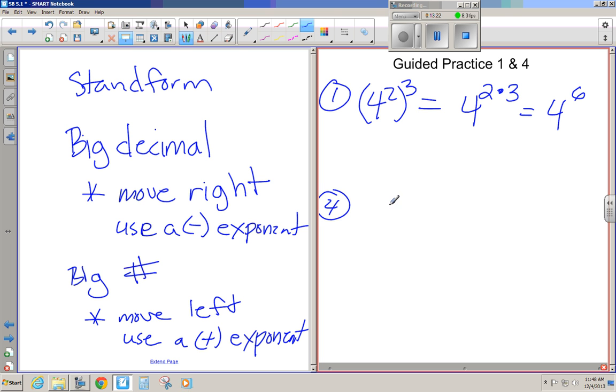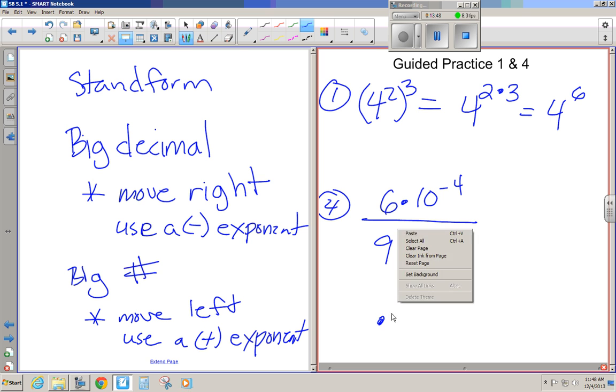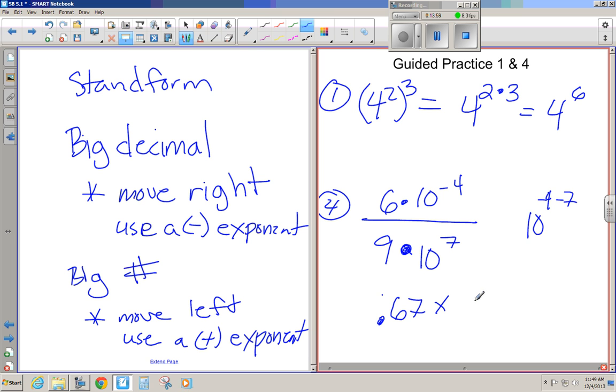Number 4, all right, so here you actually do the division, and this reduces to 1/3, or basically 0.67. And then over here you are subtracting, so negative 4 minus 7 becomes times 10 to the negative 11.